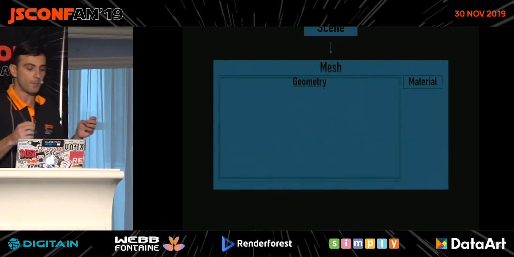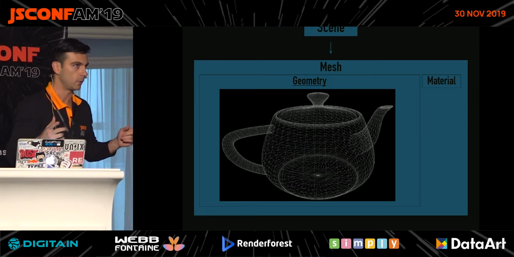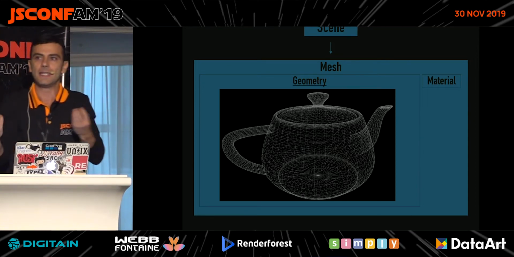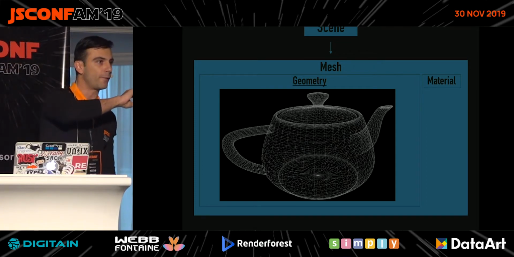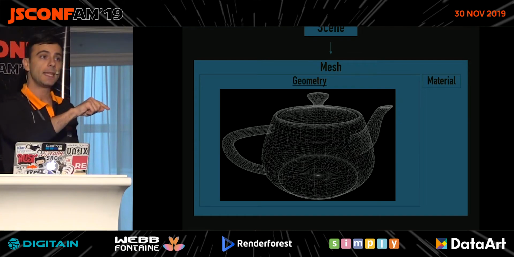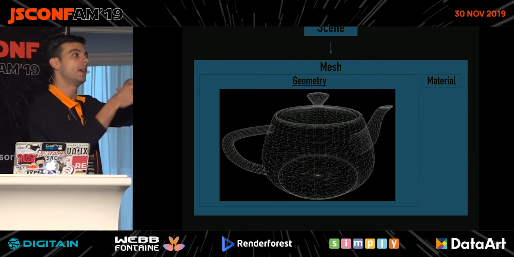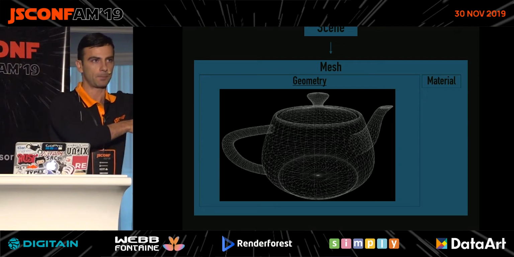Okay? The geometry specifies the structure of the object. And what does it need to specify the structure? It needs two things. It needs a set of vertices, points in our three-dimensional space, and it needs triangular faces that, connecting these points, create our overall shape. All right?